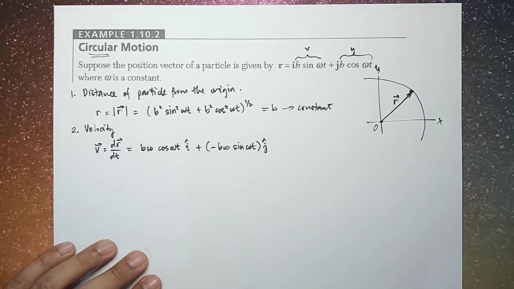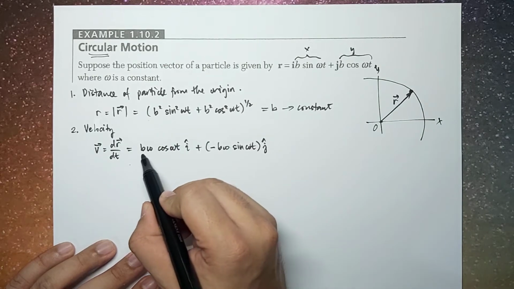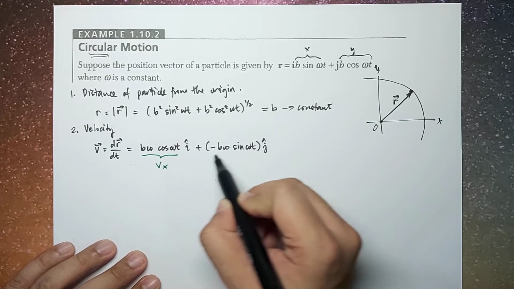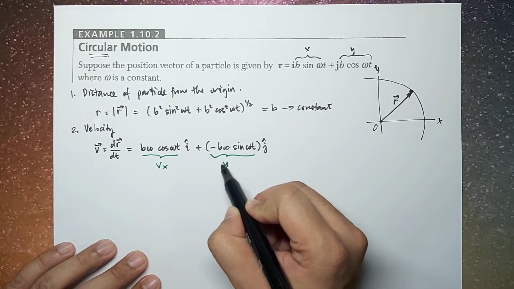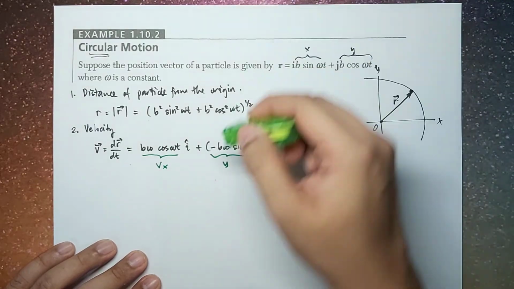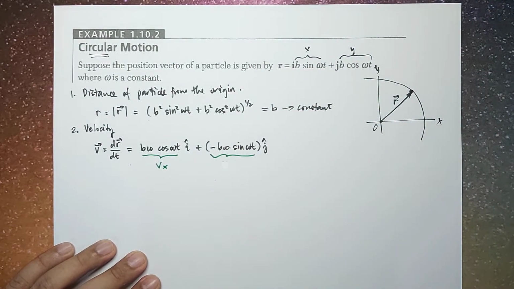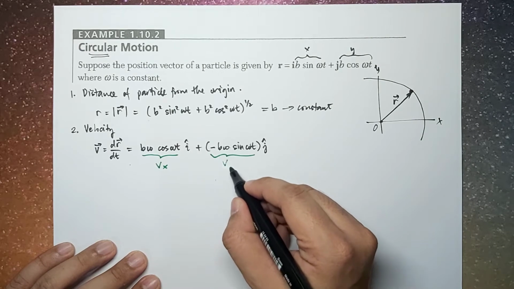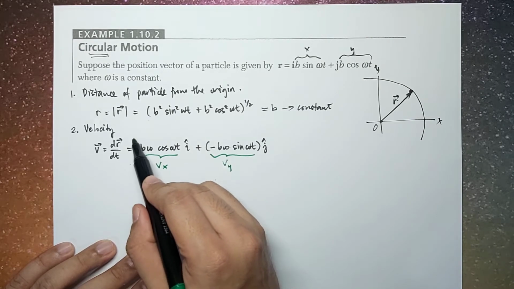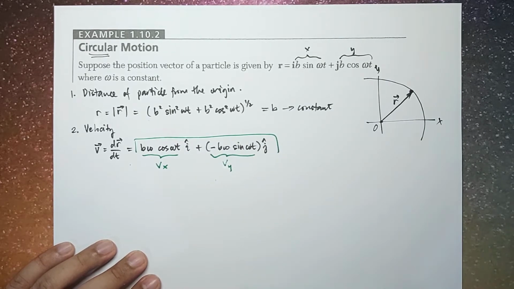In this case, we can now define the x and y components of the velocity. So this is now your velocity vector. Very simple, right? Simple differentiation.